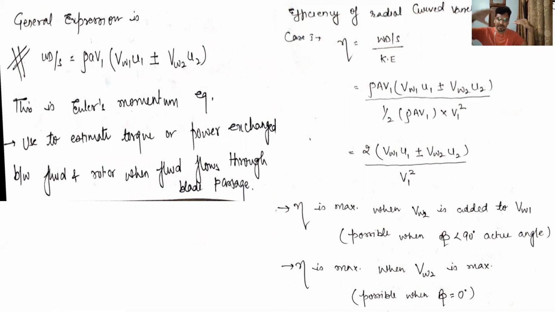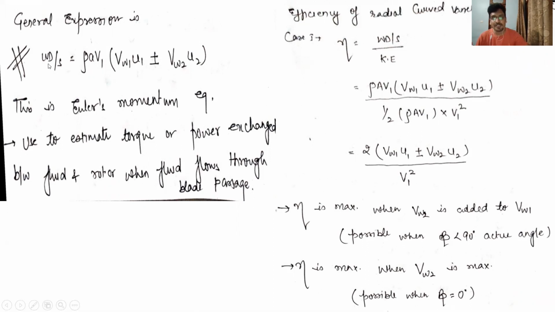When one vane moves and takes a round, then another vane will come in front of this jet. In this way we can use the full mass flow rate of that jet. So we will use this rho A V1 instead of rho A VR1.